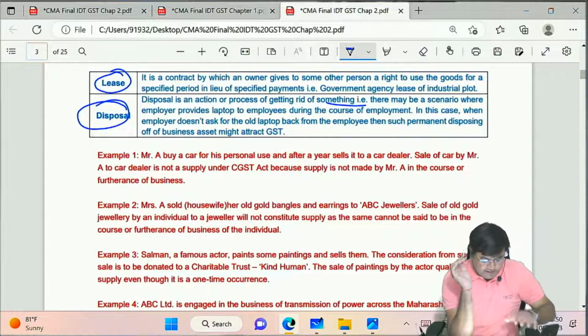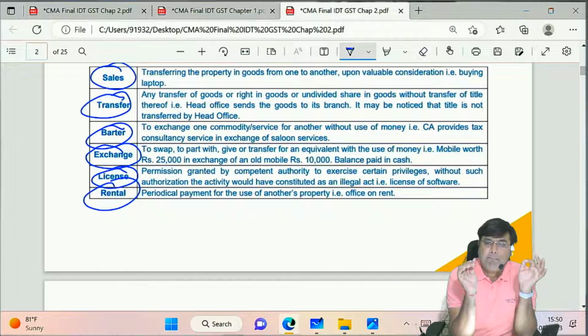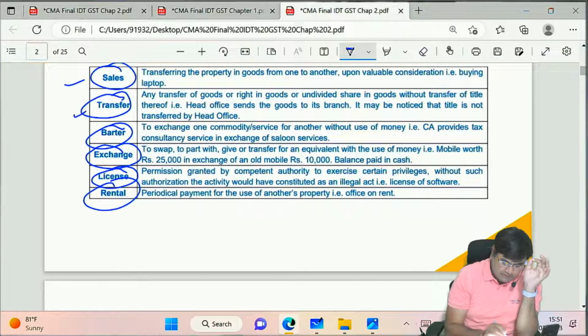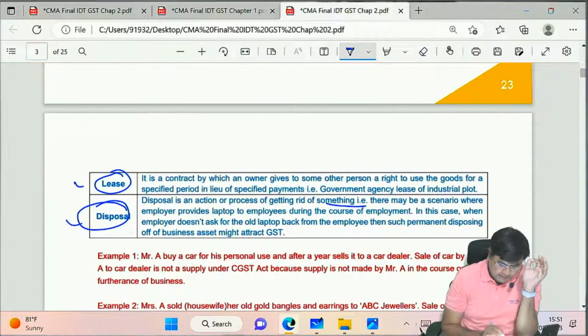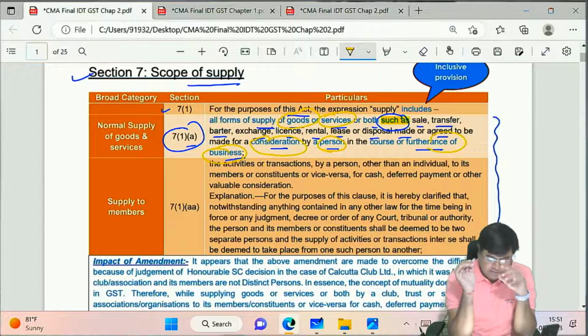Okay. So these 8 terms have been used in section 7, subsection 1 clause A. Sell, transfer, barter, exchange, license, rental, lease, disposal. So section 7, subsection 1 clause A. Now let me read it again, the provision.